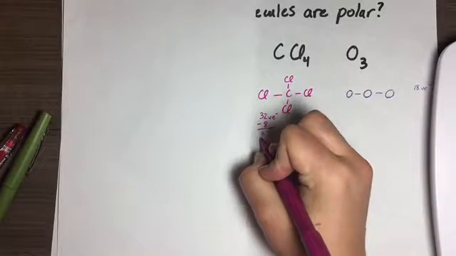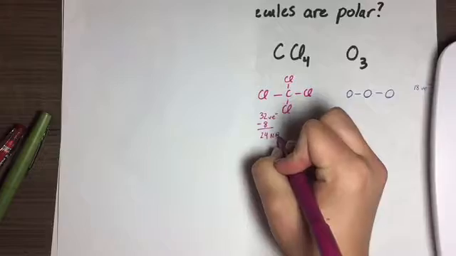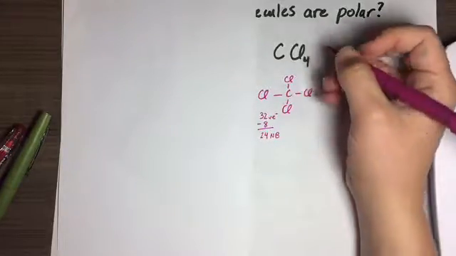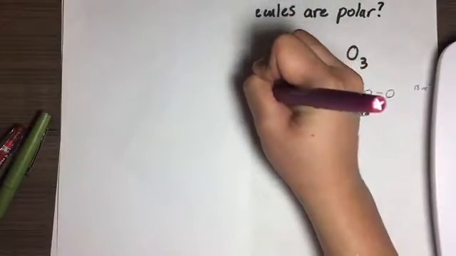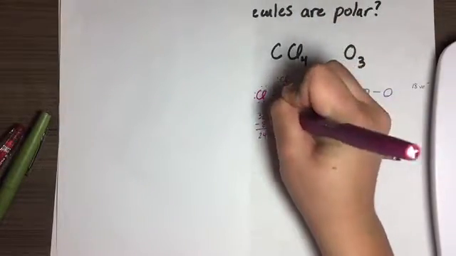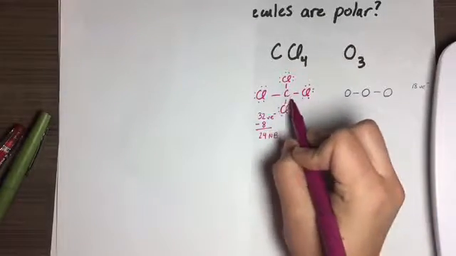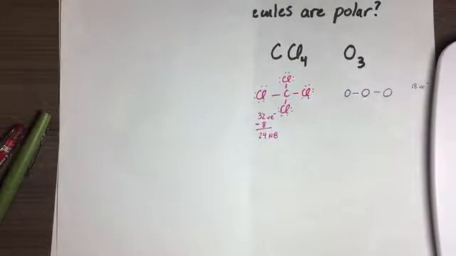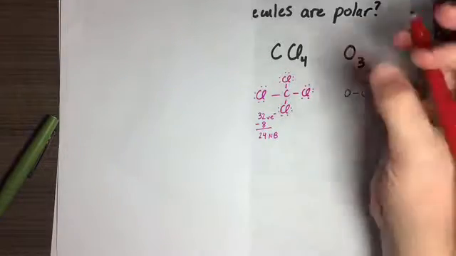So that makes us have 24 non-bonding. And so we're going to add it on each of these chlorines to fulfill an octet. And our carbon has the 4 bonds it wants, so that also fulfills the octet rule. So we are good.